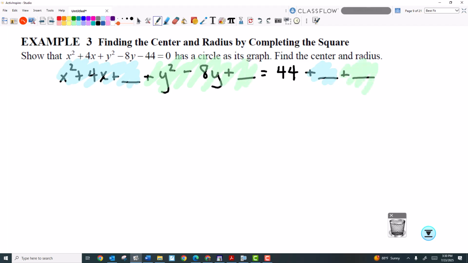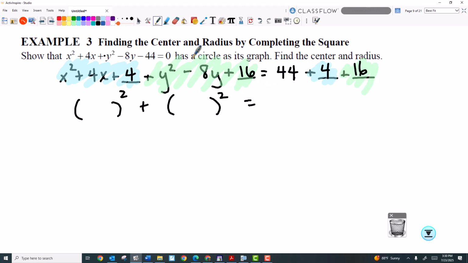Okay, so just treat them separately. So pretend all you see is the blue. So half of 4 is 2, squared is 4. Then we're going to do it, and if you put a 4 here, you have to put a 4 in the blank on the other side. Then half of 8 is 4, squared is 16. So that goes in the green blanks. And then you go to this step.